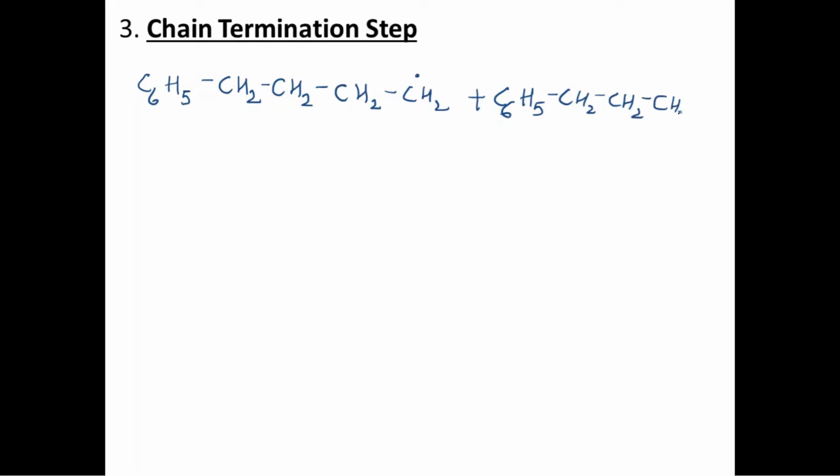C6H5, which was our CH2, CH2, CH2, CH2 free radical. We react it with this compound again, which will be C6H5-CH2-CH2-CH2-CH2 and a free radical.